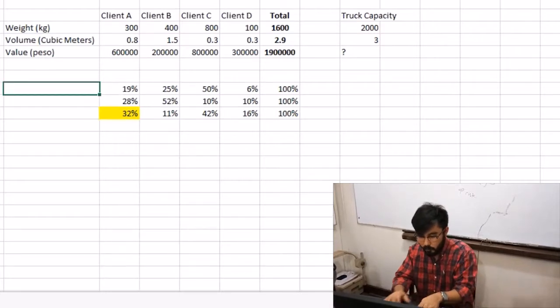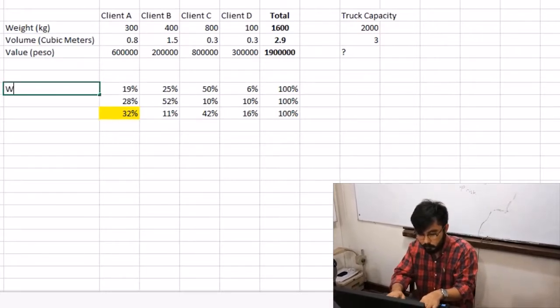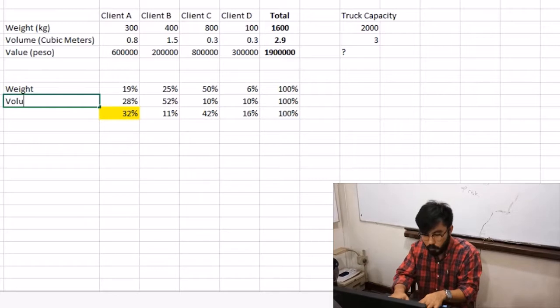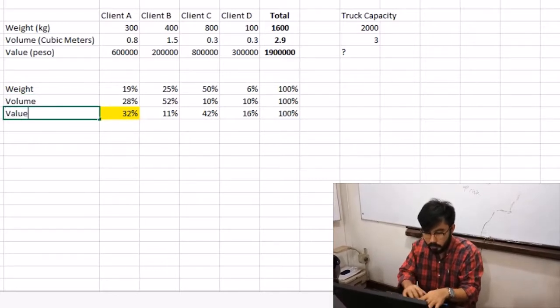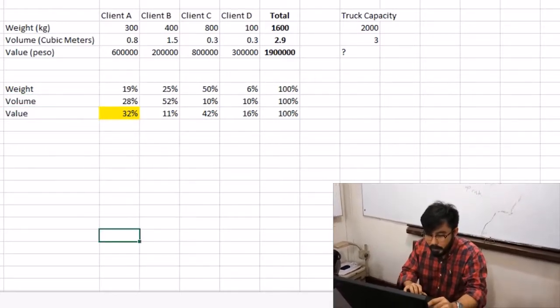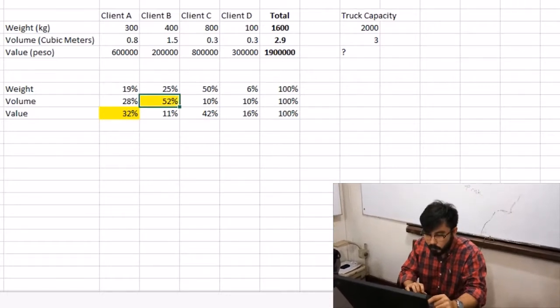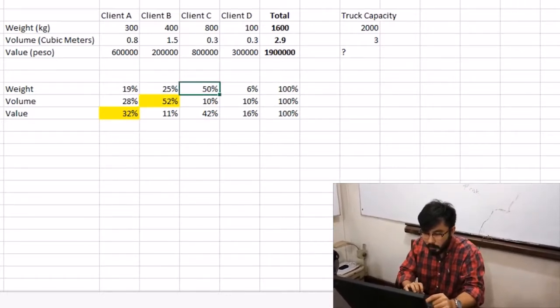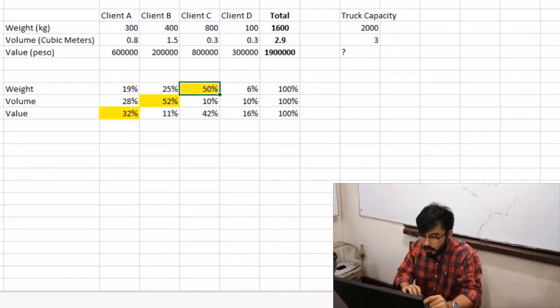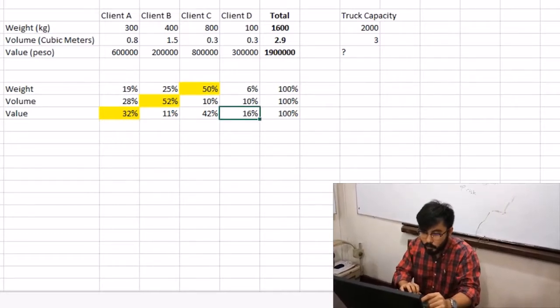Again, that's weight, volume, and value. For client B, it's volume. For client C, it's by weight. And for client D, it's by value.